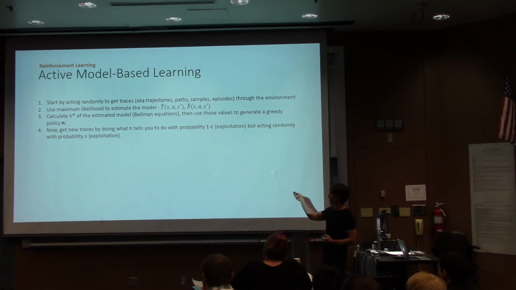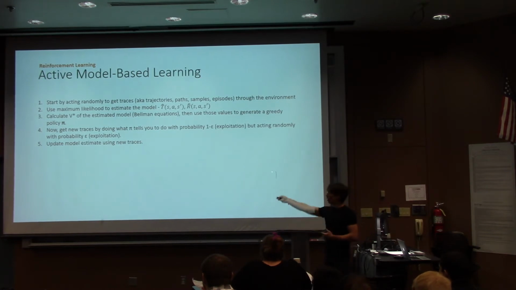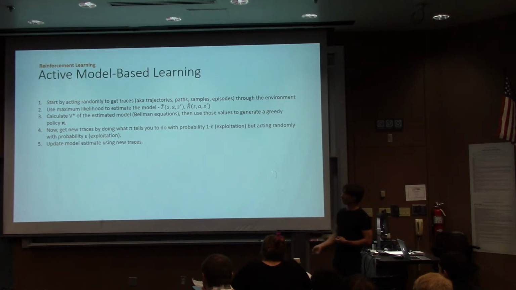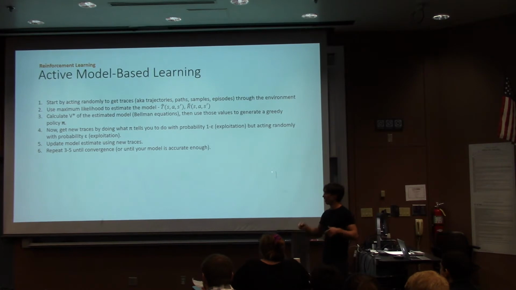And this is going to give us the exploration and exploitation that we need. And now we'll update the model, also including the new traces that we've gotten using our better policy. And when we have those new estimates, we can then calculate a new V star, and we can repeat this process until our model becomes as accurate as we would like.